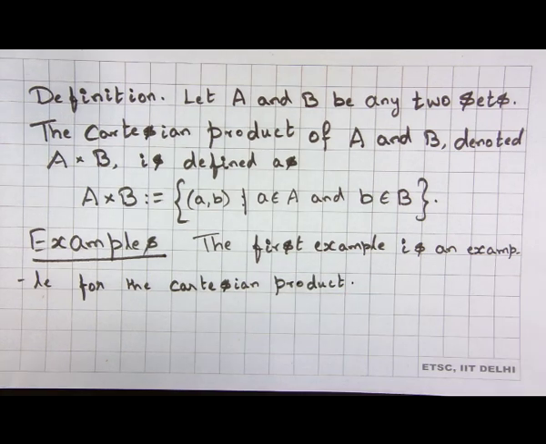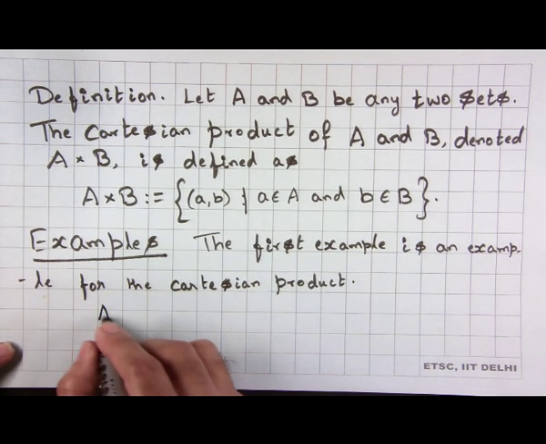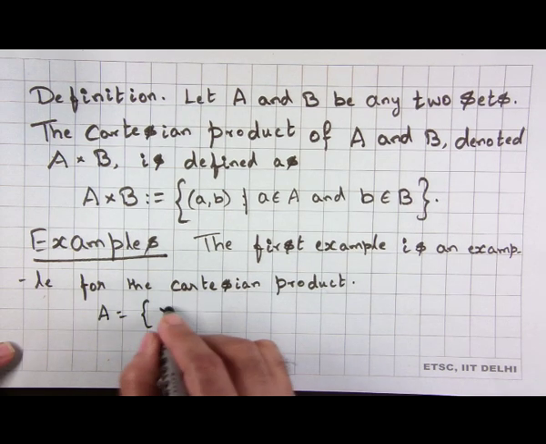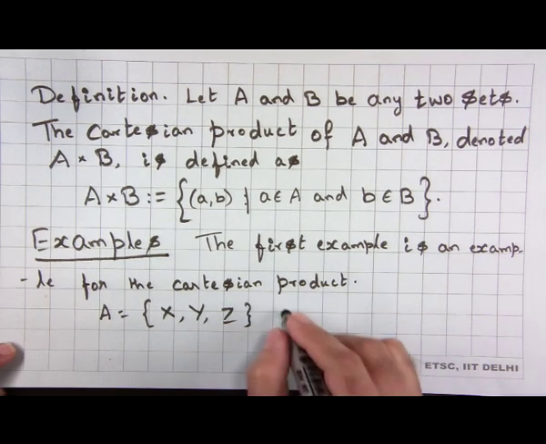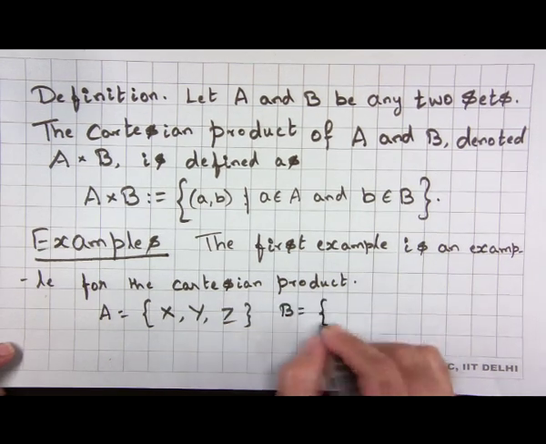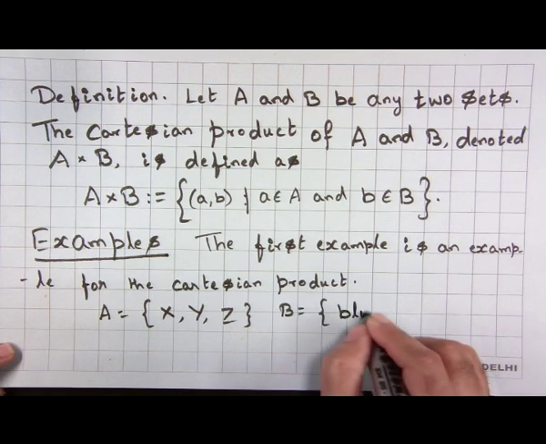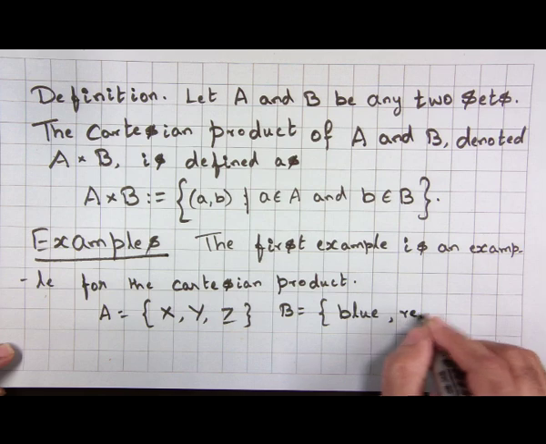In fact, we had our set A as three bags named x, y and z, the set B as blue and red.